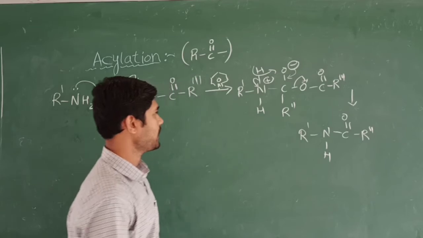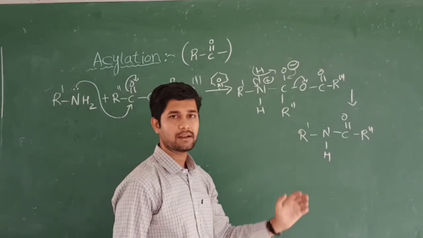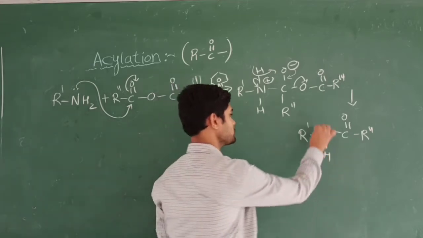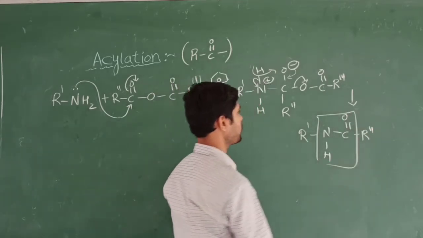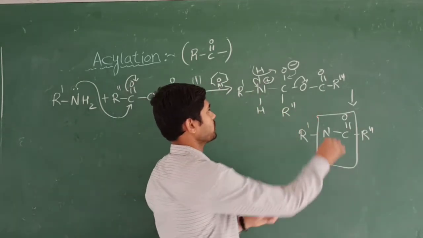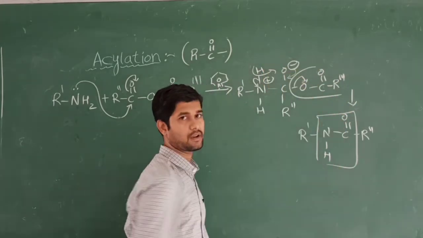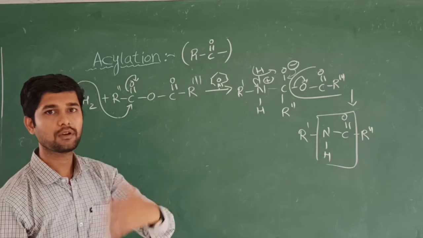The product is as it is, an N substituted amide group. What I have eliminated here is the R triple dash C double bond O OH group, the acid group.